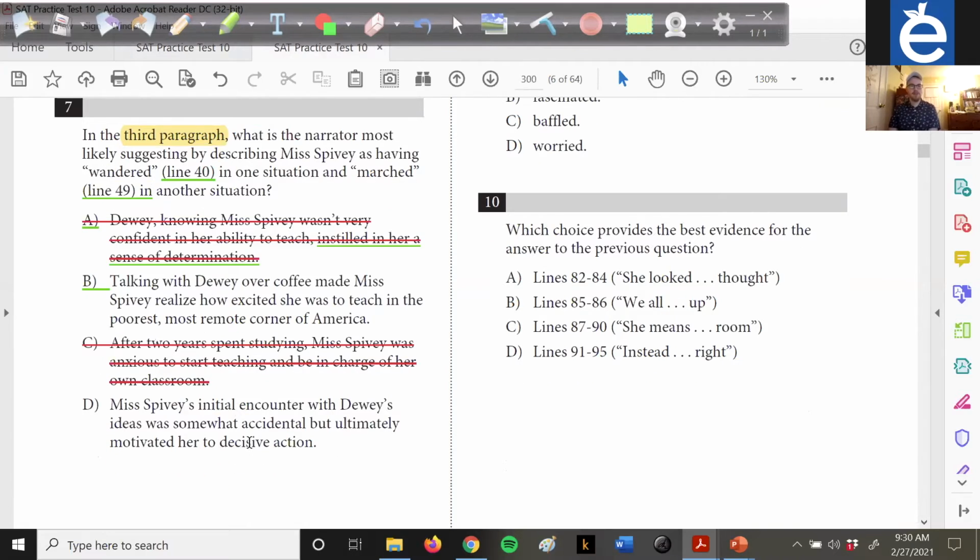Option D: Miss Vivi's initial encounter with Dewey's ideas was somewhat accidental, but ultimately motivated her to decisive action. I think that's our money, right? That's the answer. She was directionless when she found Dewey, but she was motivated when she left their conversation. B is just not as strong a case because she doesn't come to that conclusion right away.